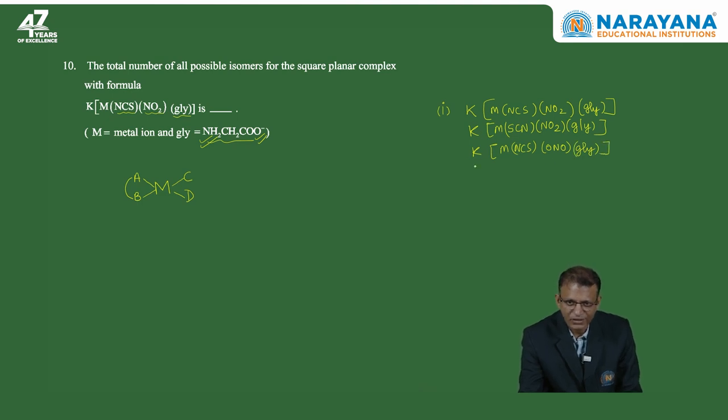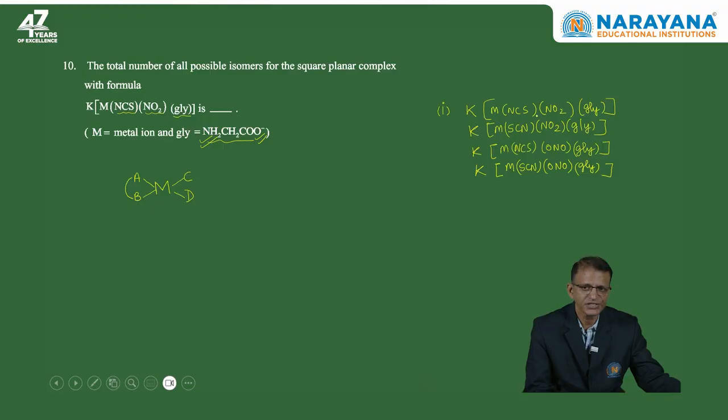Now another possibility is that if I reverse both of these, I can write that this is M, this will be SCN, then this will become ONO, GLY. So there are 4 linkage isomers of this compound.